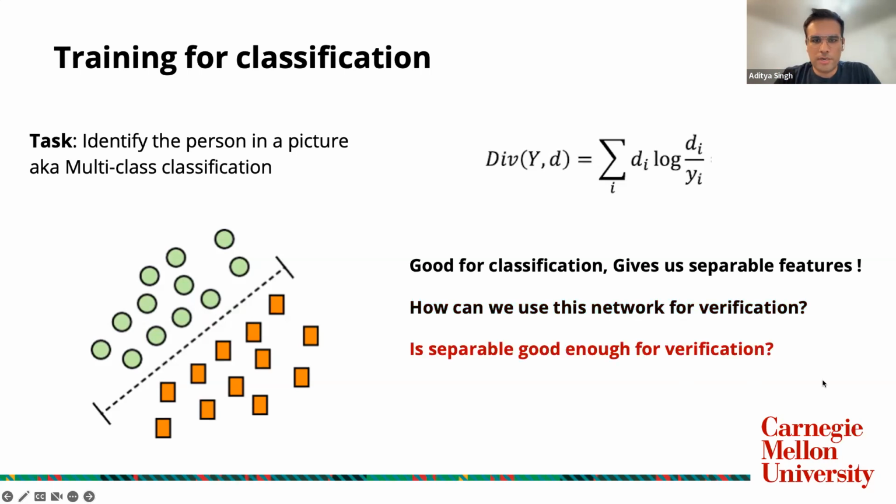But the next question is, are the embeddings that we would get from training for a classification task good enough for verification? Sure, we would get linearly separable embeddings, but is that also good enough for verification? Any idea about that? Any thoughts on that? Not necessarily.